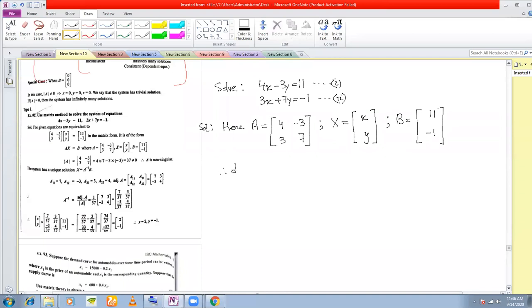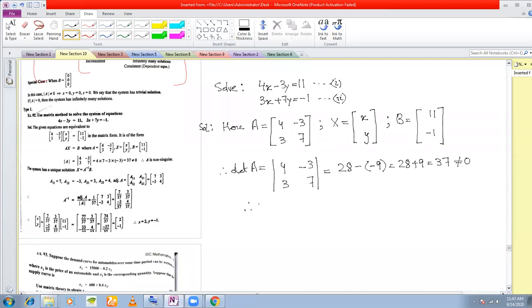Okay. So now what you do is you check for the determinant value of the matrix. So therefore, what is det A? Determinant of A is 4 minus 3, 3, 7. So let's check whether this matrix is non-singular or not. This is 28 minus of minus 9, which is 28 plus 9, which is 37, not equal to 0.